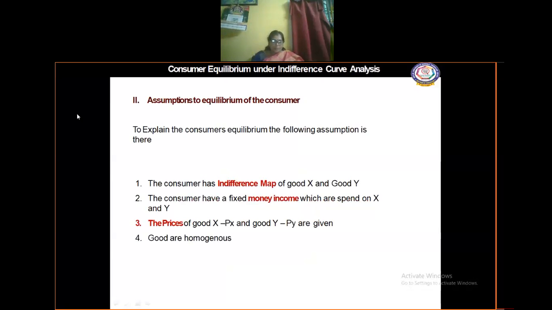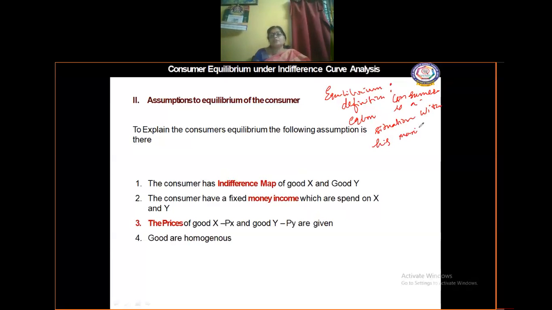Before we go to the consumer equilibrium assumptions, we have to know what an equilibrium is. So, consumer equilibrium is a situation where he gets his maximum satisfaction with his limited income.